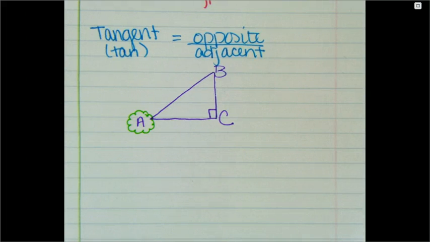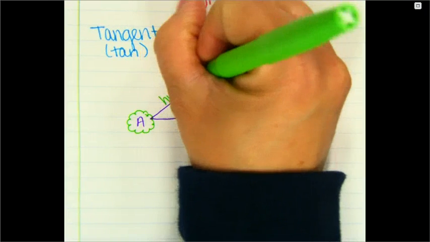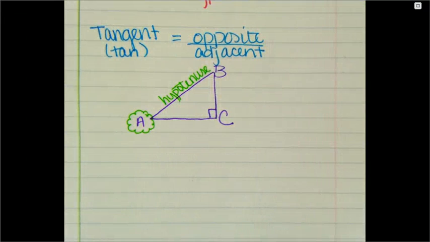Label the hypotenuse. Where is the hypotenuse located? What segment is the hypotenuse? AB. It's always across from what angle? 90. So label it, the hypotenuse. The hypotenuse never changes, right? That's always the same thing, always across from a 90-degree angle.